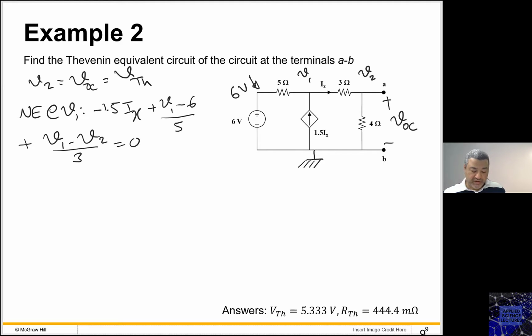So this is the first nodal equation. Count the branches: I have 1, 2, and 3.